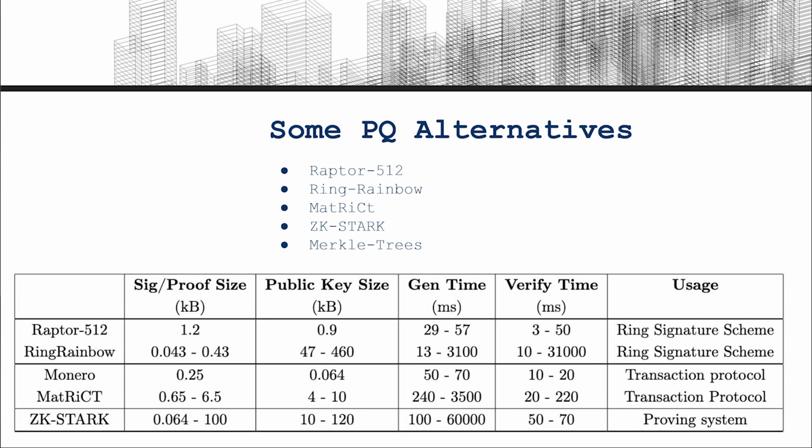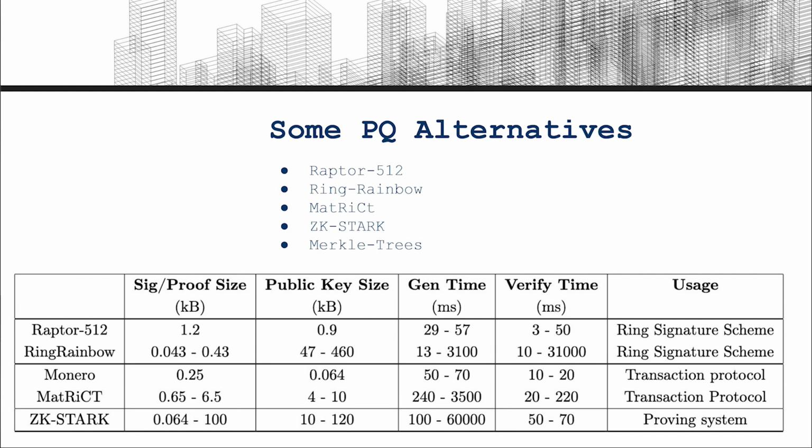But then you have Ring Rainbow. By the way, Ring Rainbow, in a very recent paper about three months ago, supposedly has very horrible flaws, as it's a multivariate scheme, and it might have to be fixed. Then we have the public key size. This is very big, but then you've got some smaller ones down here and up there.